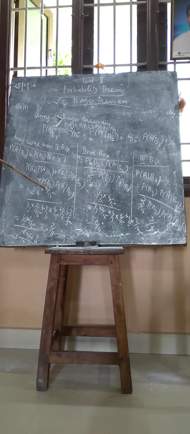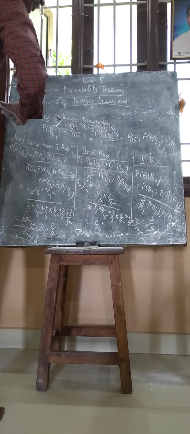Suppose for the first box, you consider only the first box conditional probability, probability of A given B1. Then for the second box you substitute the conditional probability, probability of A given B2. For the third you substitute the probability of A given B3, that is 3 by 15.